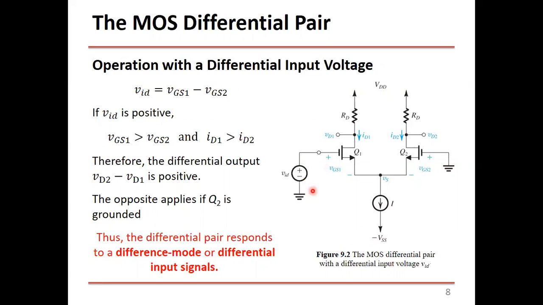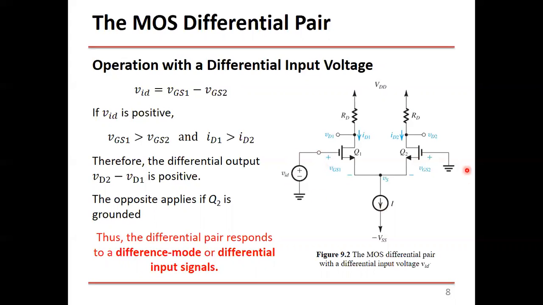So if you apply a V input differential on this side and keep this side at ground, remember that this voltage is applied between this input and the ground, as if V input differential is applied between this input and this input.